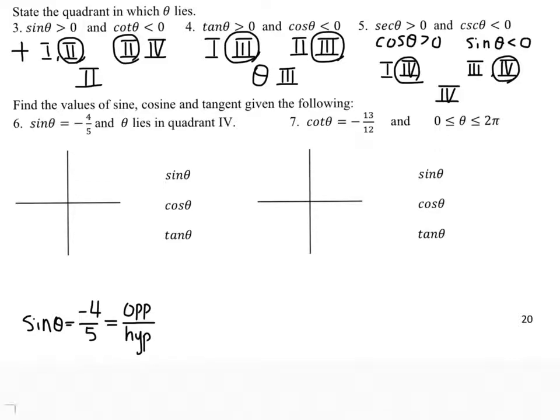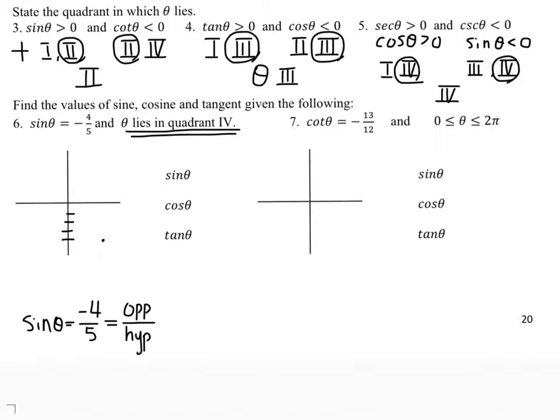Opposite over hypotenuse. And since your opposite side is negative, and we know theta lies in the 4th quadrant, can you go ahead and mark it down? Opposite over your hypotenuse. So that means your opposite side is going to be negative 4.